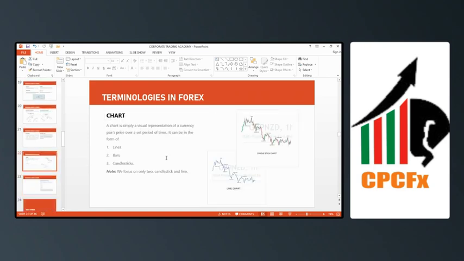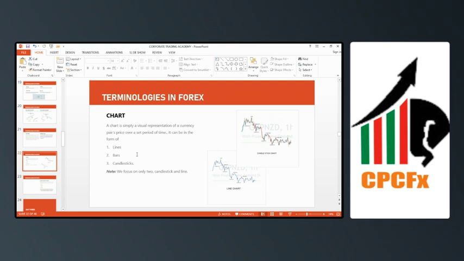Then we are going to be talking about the chart. Now, this is where the whole thing is. Understand? You'll be hearing about chart, and forex chart. What is a forex chart? A forex chart is simply a visual representation of the currency pair price over a set period of time. It can be in the form of a line chart, bar chart, and candlestick chart.